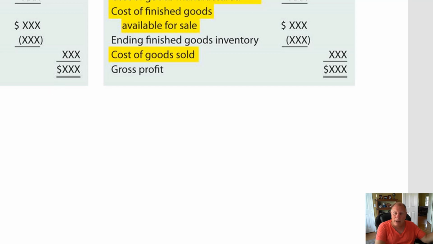Now, when we look at manufacturing, it's just a little bit different. We start out with beginning finished goods inventory, plus cost of goods manufactured, gives cost of finished goods available for sale, less ending finished goods inventory, that gives us cost of goods sold.